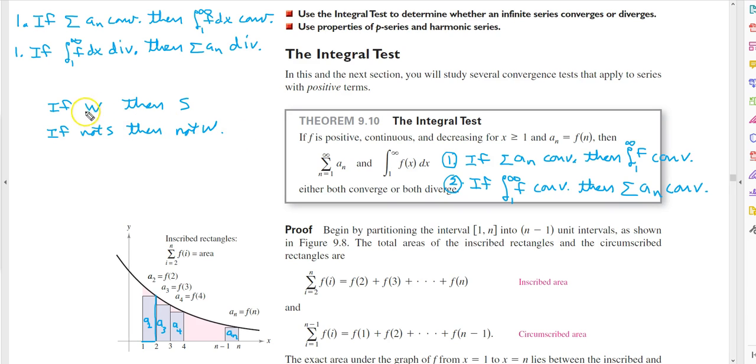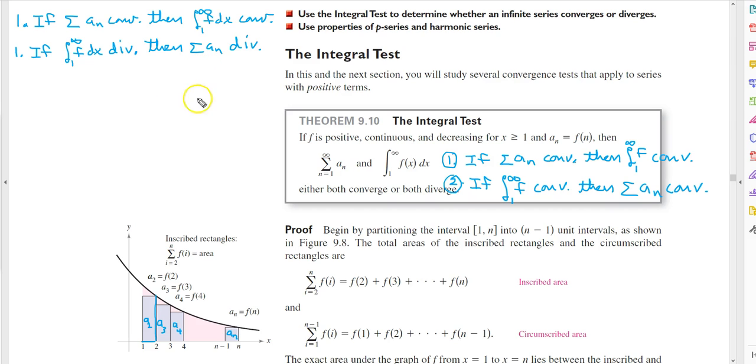Right? So if I'm washing my car, then it's sunny outside. Same as saying if it's not sunny, then I'm not going to be washing my car. So we're going to attack number 1 by proving the contrapositive.